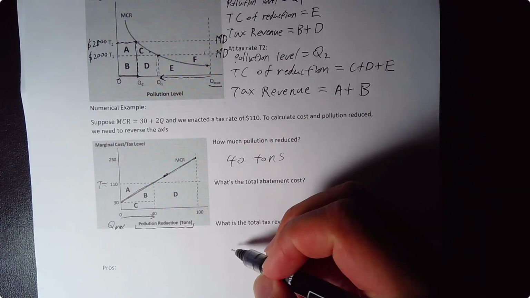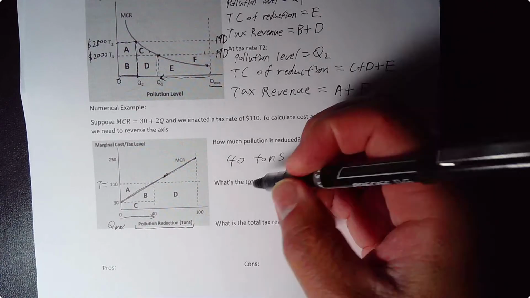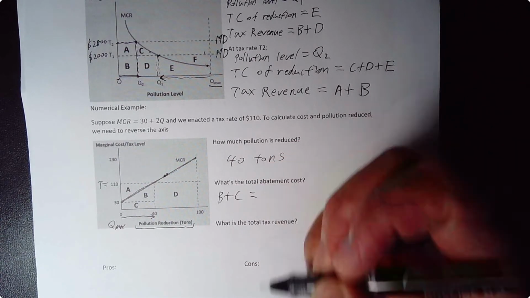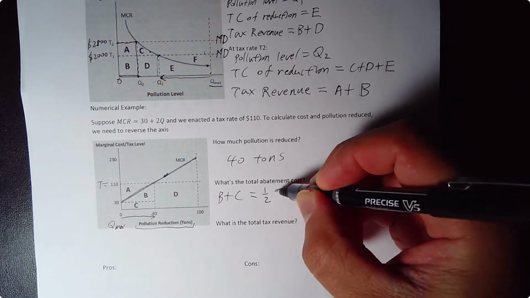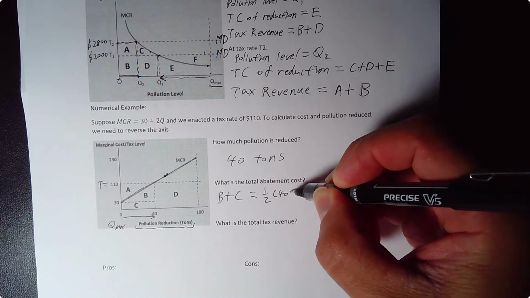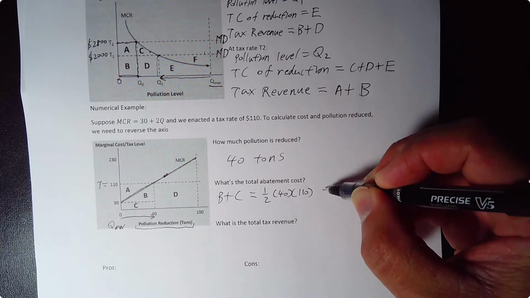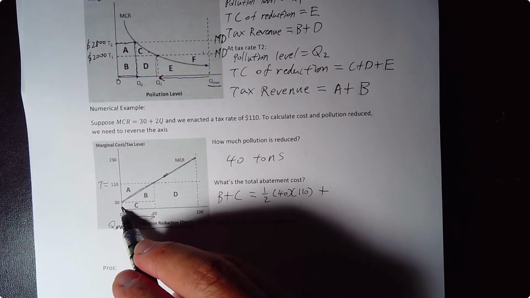What's the total abatement cost? Okay, so total abatement cost is from here to here. So that is simply B plus C. We can calculate that very easily. Here, B is 1/2 base times height, that's just the area of a triangle. That's plus C as well. So C will be 30 times 40.